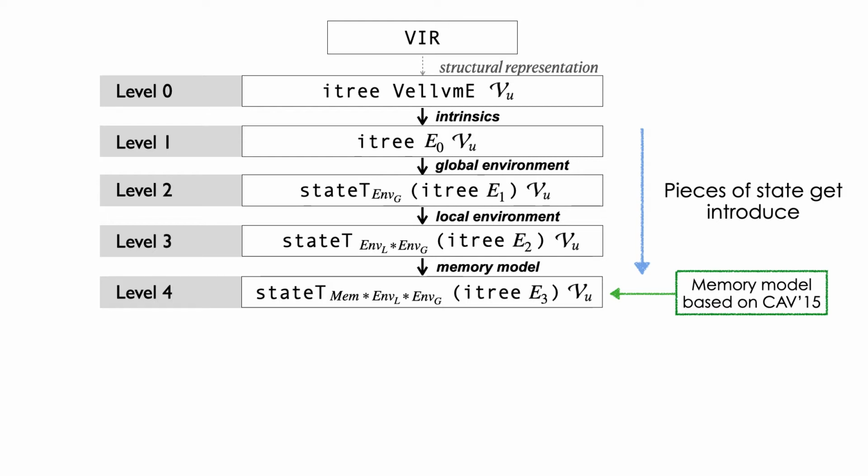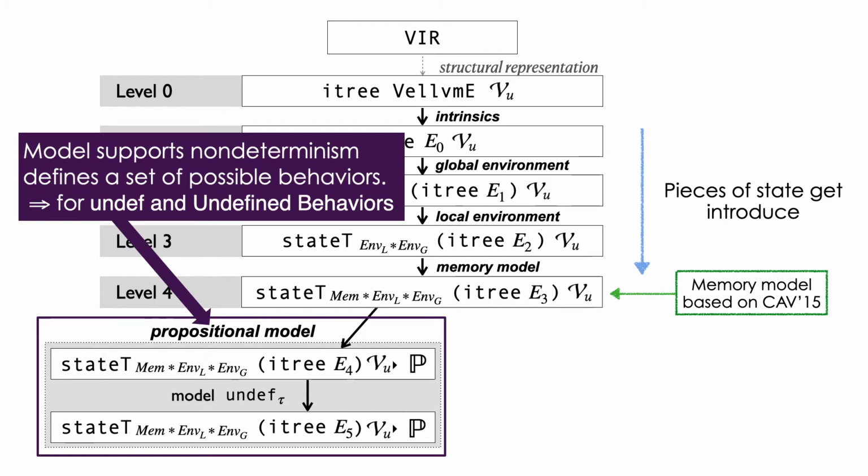At this stage, an interesting phenomenon happened. It turns out that LLVM IR, because of so-called undefined values and undefined behaviors, is not a deterministic language. We therefore capture in a propositional model all of the legal executions by defining 2 specific handlers.